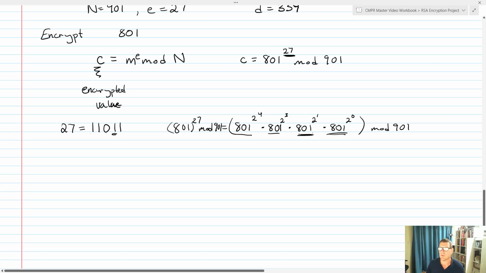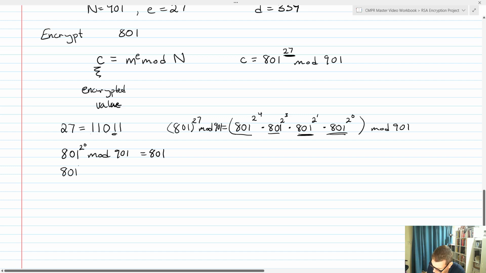So we're going to continuously square and keep only the terms that we need. So, for example, we'll start out with 801, and then 2 to the 0 is just 801. So it's going to be 801 mod 901, and that's just equal to 801. Because 2 to the 0 is just a 1, same thing.